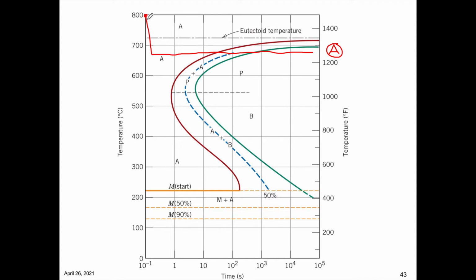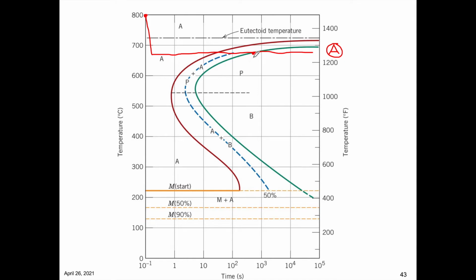The way you'd follow this is we are above the eutectoid temperature at 800. We rapidly cool to 675 or a close temperature to that. And we hold until we have complete transformation, which, if you remember correctly, the green curve is where we have the 100% transformation of austenite to pearlite.